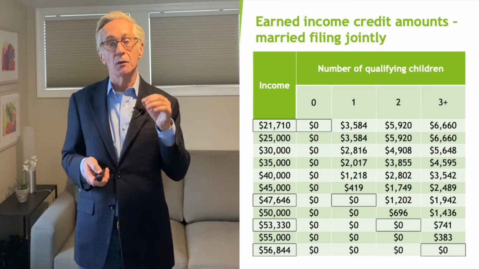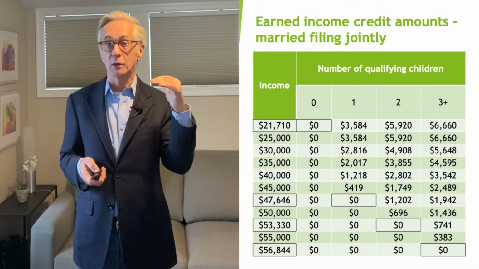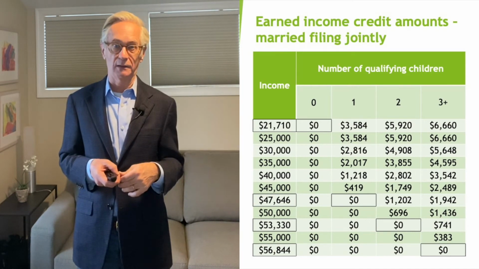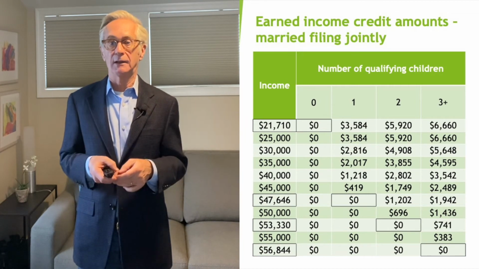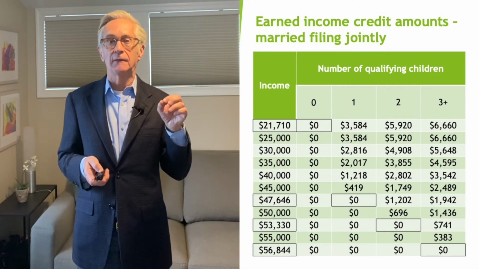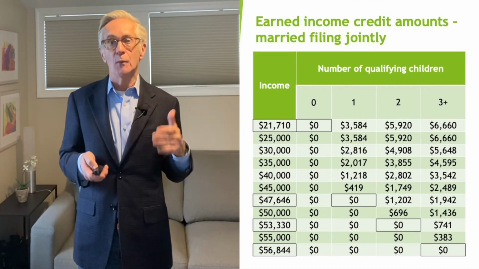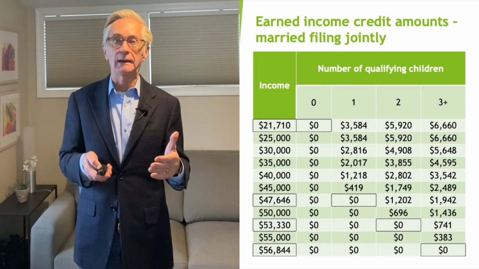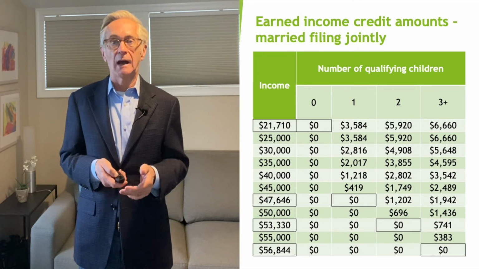It's just that the more qualifying children you have, the higher the income you can have and still be able to claim the credit. So as another example, let's say you have 2 qualifying children. As you see, if your income is $53,330 or more, then you make too much money for the earned income credit and you don't get any credit. So those are the tables for married filing jointly.